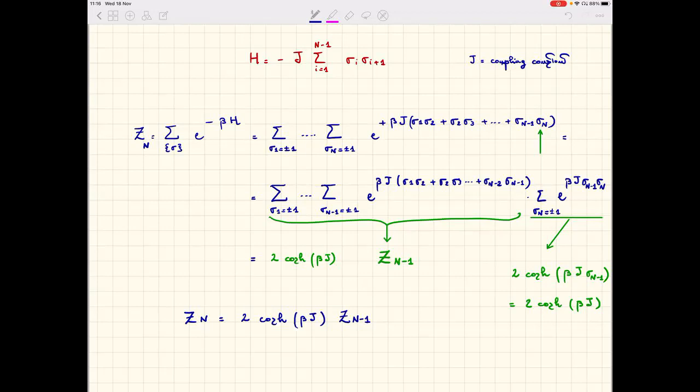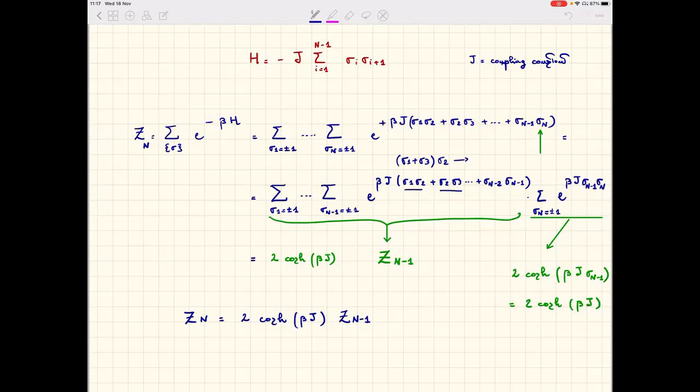In general, look at sigma 2, for example. You see that sigma 2 appears in two places, in this term and in this term. Right? Therefore, if I combine these two, I will obtain sigma 1 plus sigma 3 times sigma 2. Now I can perform the summation over sigma 2, no problem.